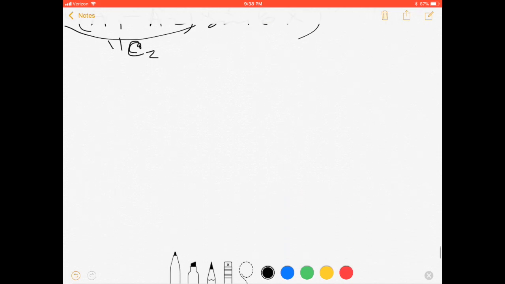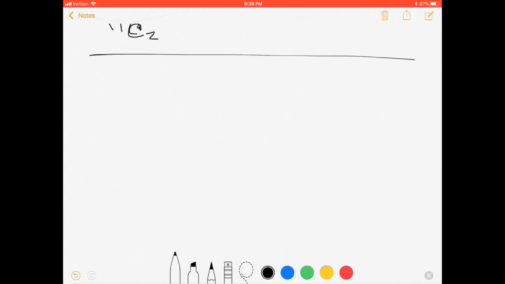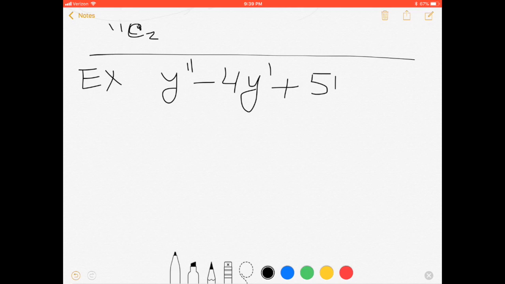Now we're doing some examples. Second derivative minus 4 times first derivative plus 5y equals 0.